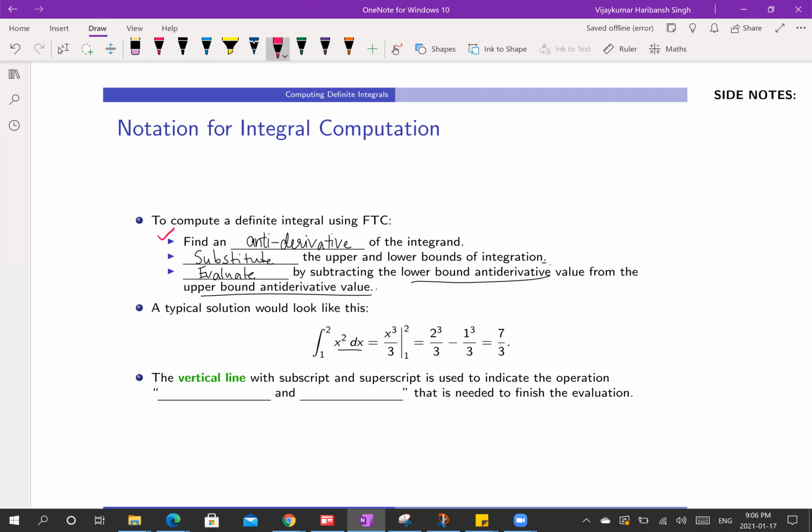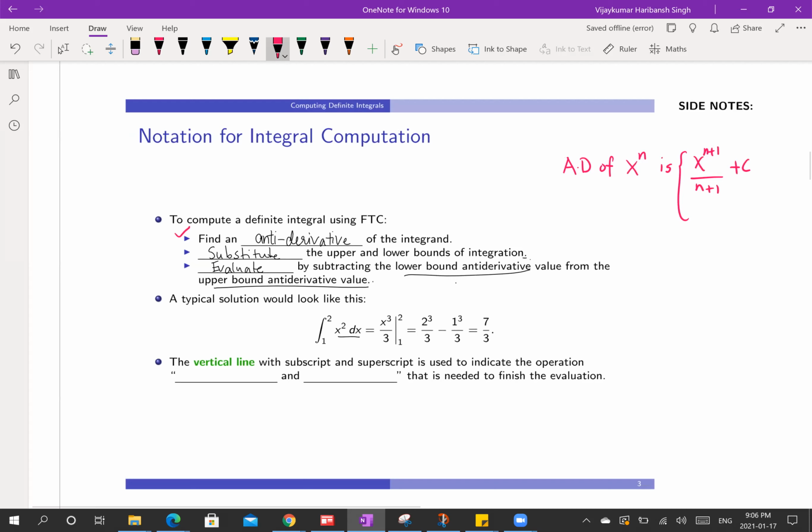If we recall, the antiderivative of x to the n is x to the n plus 1 divided by n plus 1, plus c, if n is not minus 1, and it is ln of the absolute value of x plus c if n is minus 1. This is the so-called power rule for antiderivatives.